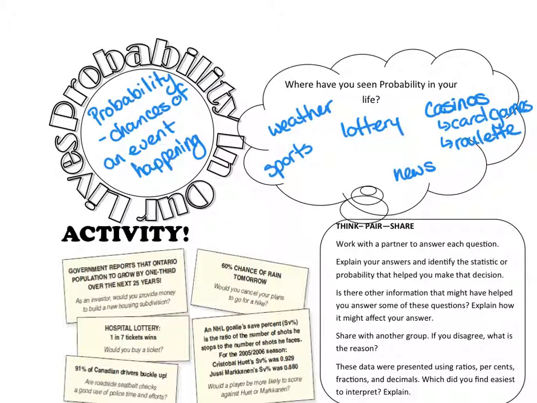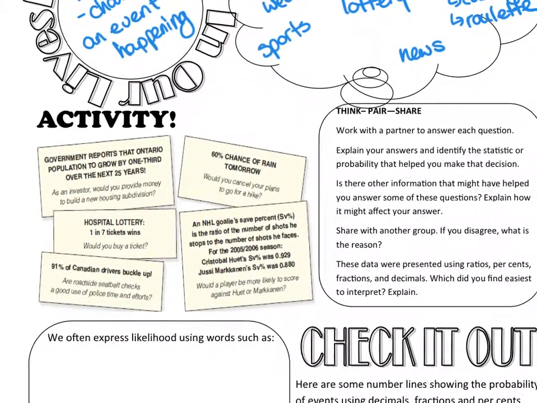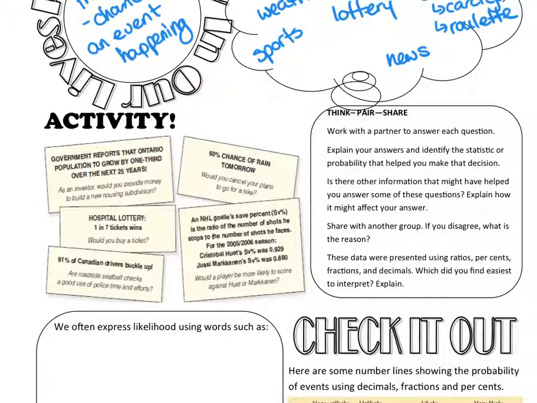I've thought of a couple. Let's look at this activity, and you can think about it. I usually do this in my face-to-face classes, and I have students work together. But think about your answers to these and what kinds of questions you might have when you're trying to answer this. Like, 60% chance of rain tomorrow. Would you cancel your plans to go for a hike? Think about what you might answer to that.